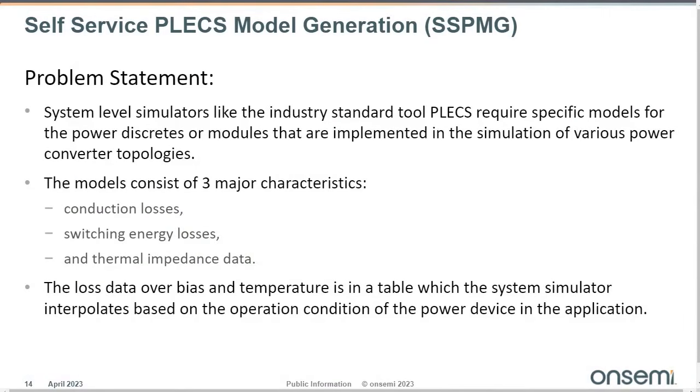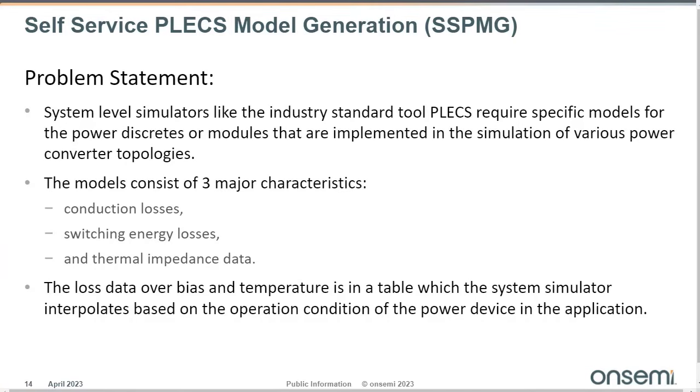System level simulators like PLECS require those models or tables for doing very fast simulation, and they consider only two states, on and off, and in between, as I explained at the beginning, they use the table to know what the losses are. Those models or tables consist of three major characteristics: the conduction losses, the switching losses, and the thermal impedance data.